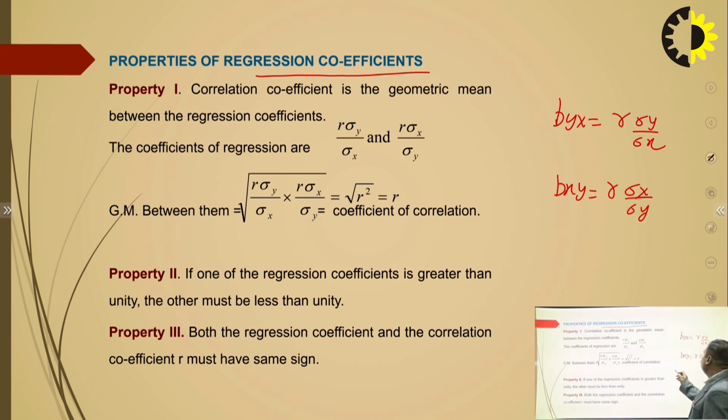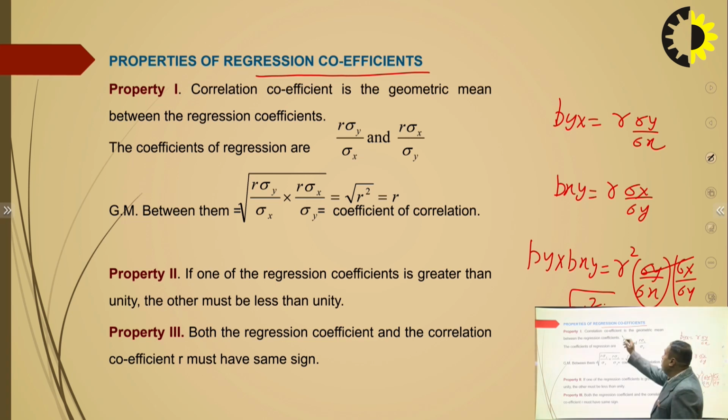After multiplying them, byx into bxy is equal to R square, as sigma y upon sigma x and sigma x upon sigma y cancel out. So byx bxy is equal to R square, and the geometric mean becomes R. The geometric mean of the two regression coefficients is equal to R, the coefficient of correlation.